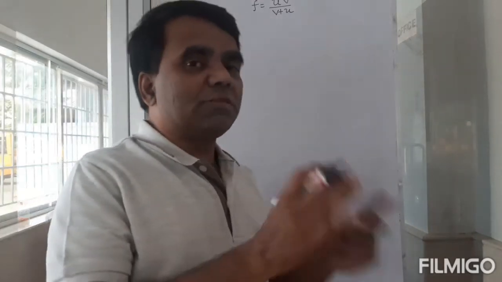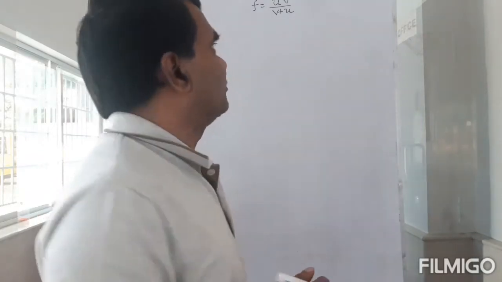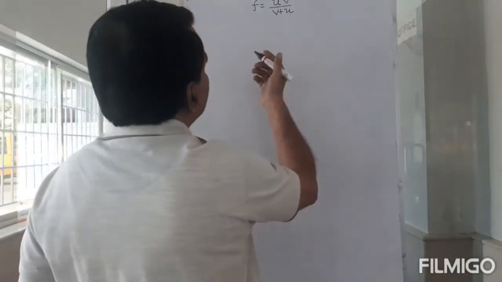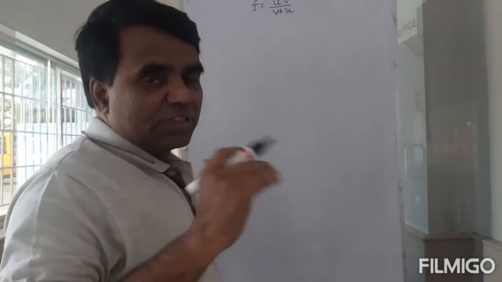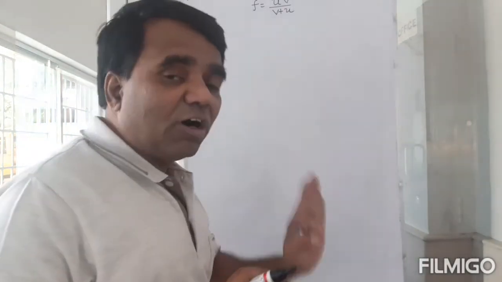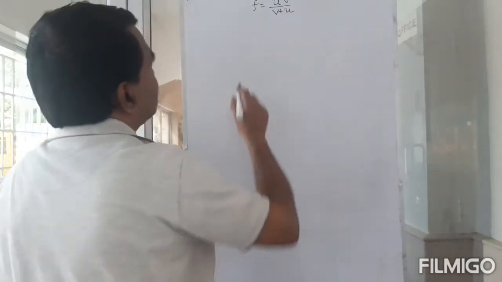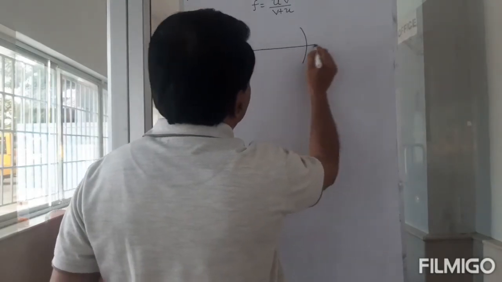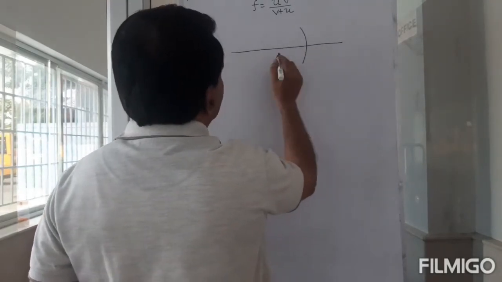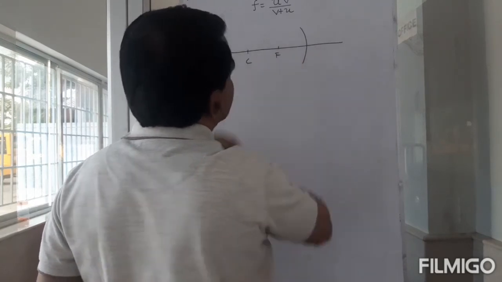This was when the object was beyond C, when it was making an image. Now let me use the same approach, but I'm going to keep the object at a different place, and then let us see what kind of formula I'm going to get. I have the same mirror, and this is the axis, and this is F for me, and this is C for me.